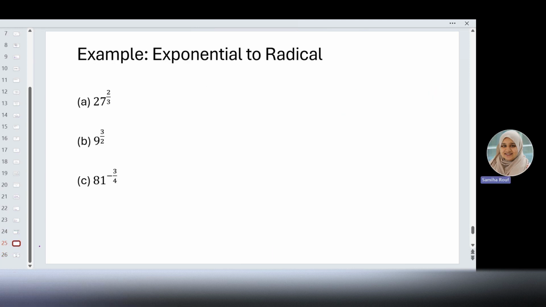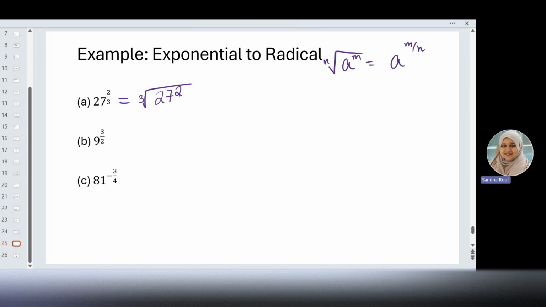Okay, and then just this one final example where we switch between exponential form to radical form. So again, what you can do is the number in the denominator of the exponent forms the radical portion, and then you have 27 squared. Now, this is generally the setup, this is equal to this.